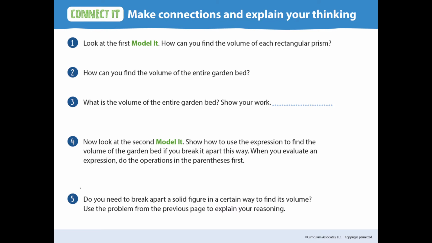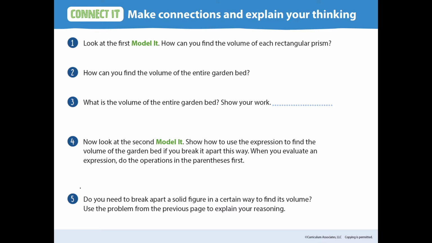First, you divide the shape into 2 separate rectangular prisms, find the volume of each rectangular prism, and add the volumes together. Number 3, what is the volume of the entire garden bed? Show your work. The volume of the entire garden bed is 192 cubic feet.